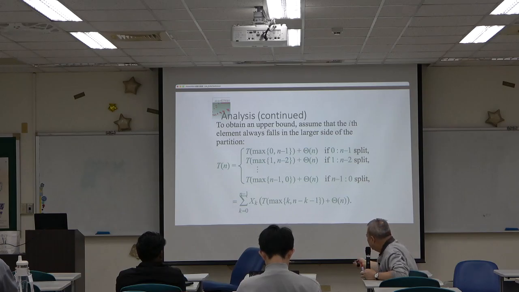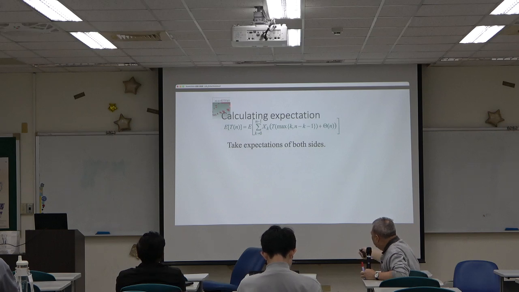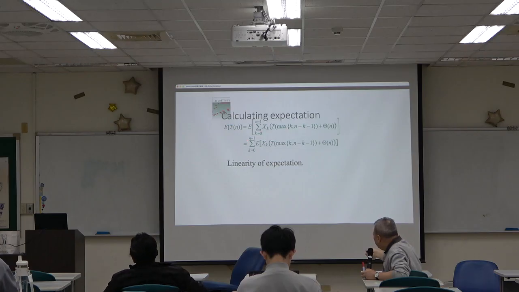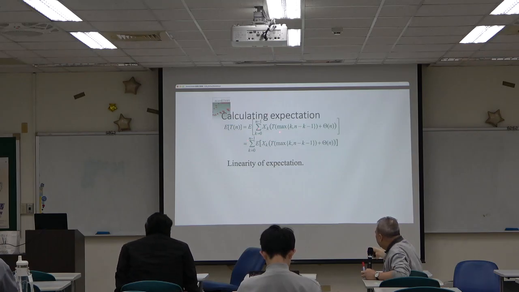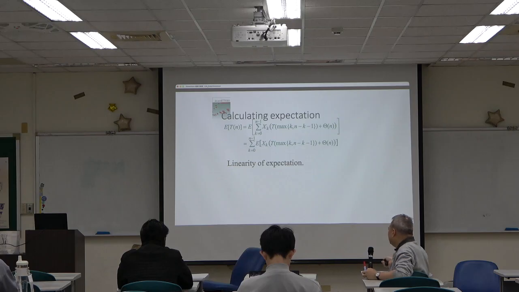Very similar. So then, here we have this, and then we can put it into this expectation. Take expectation on both sides, and the expectation on the right side can go into the summation because of the linearity of the expectation.